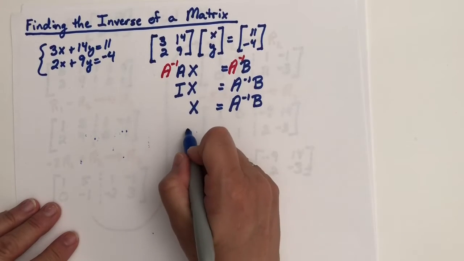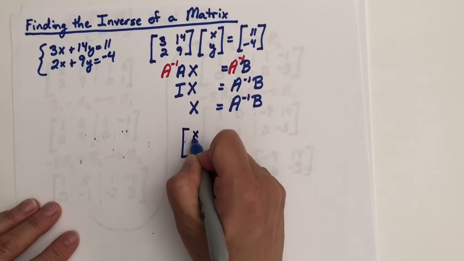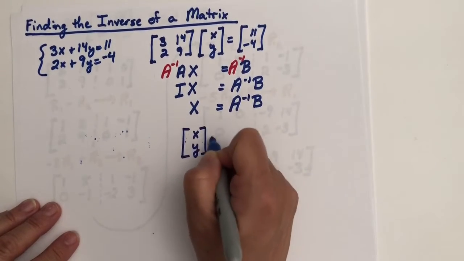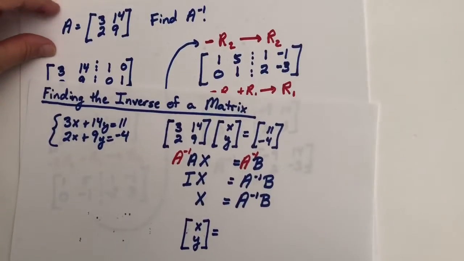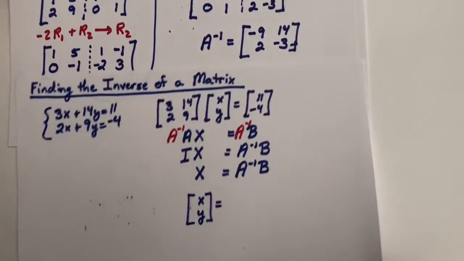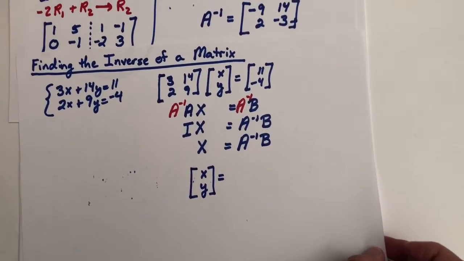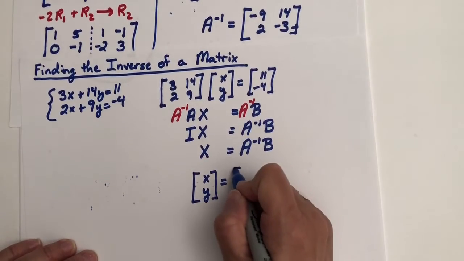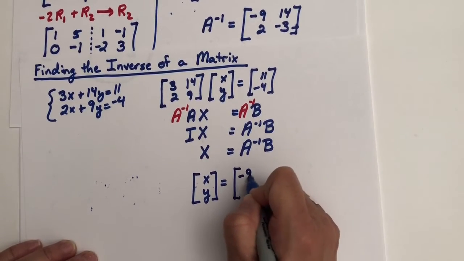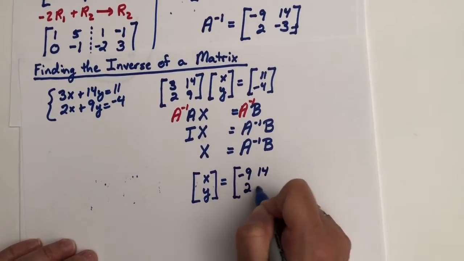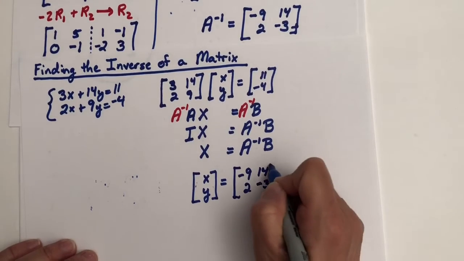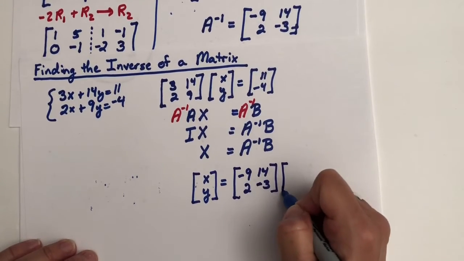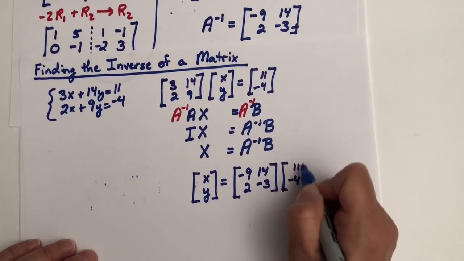So X, Y equals A inverse. Let's just copy that down. Let me move this up so we can see both at the same time. So A inverse is -9, 14, 2, -3. We're going to multiply that by 11, -4.